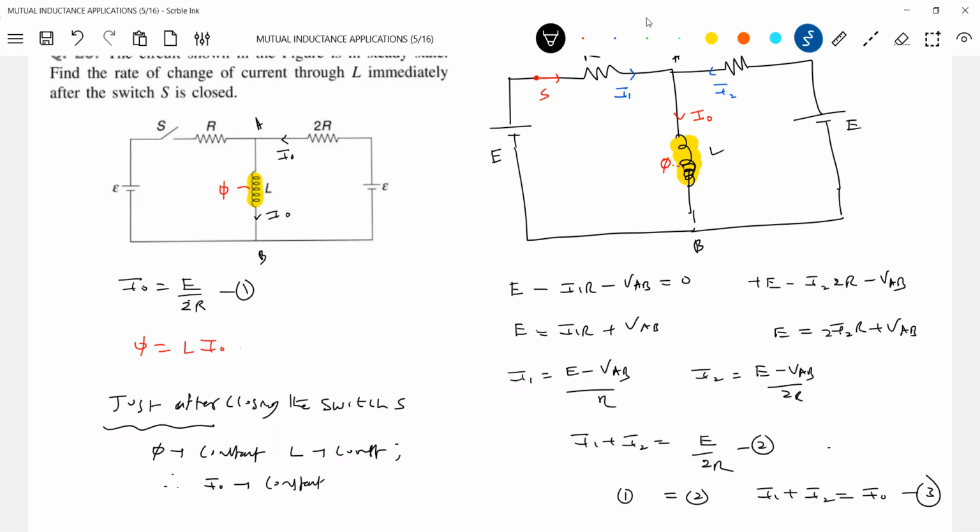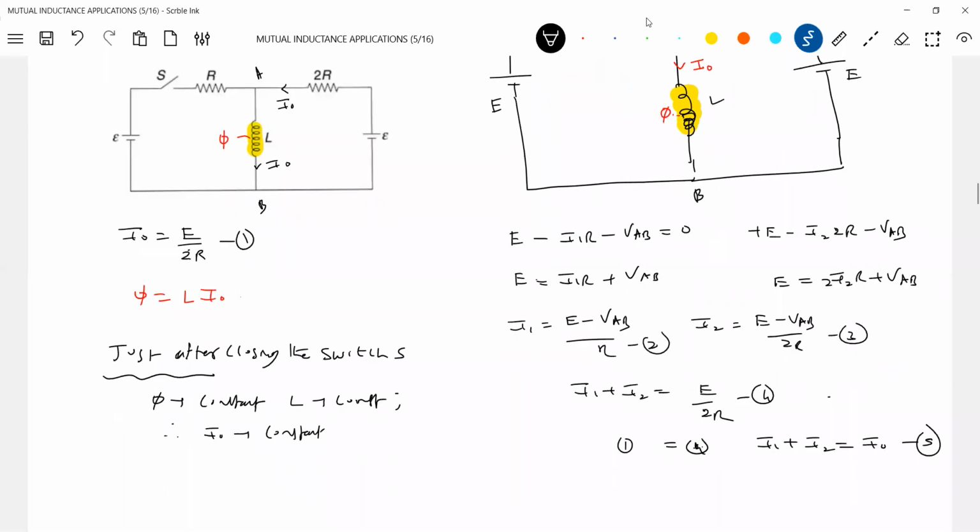Now substitute that I1 here. Let me give names: this is 3, this is 4. Equating 1 and 4. This is 5. Put 2 and 3 in 5. Solving that, and we know I naught equals E by 2R, from that we'll get VAB.